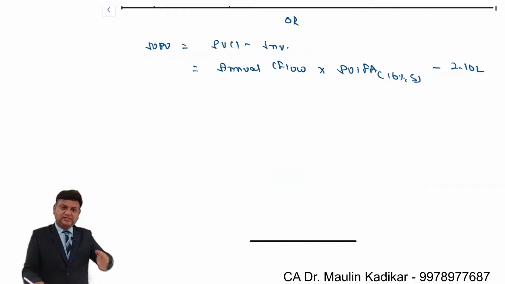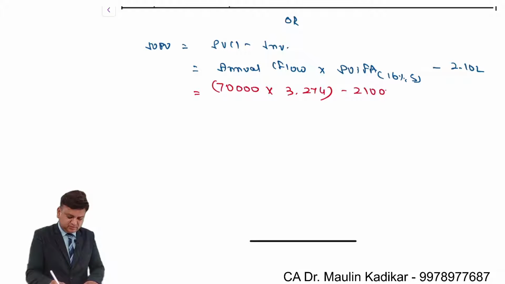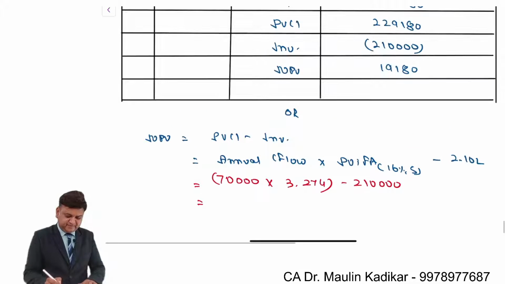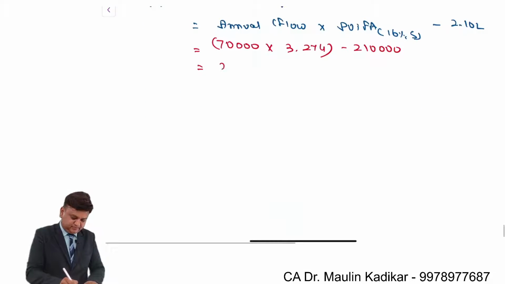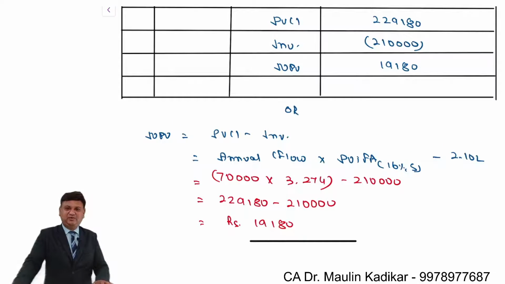So the cash flows are discounted in present value terms using the annuity factor. So it is 70,000 into 3.2740 minus 2,10,000. So 229,180 minus 2,10,000. So it comes to rupees 19,180. This is the way NPV of the project can be found.